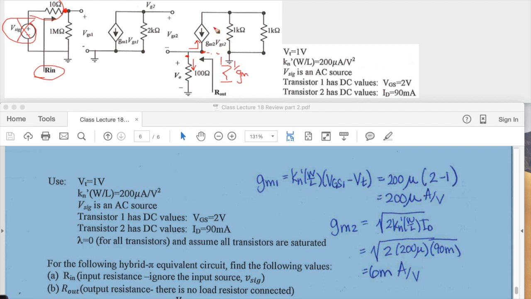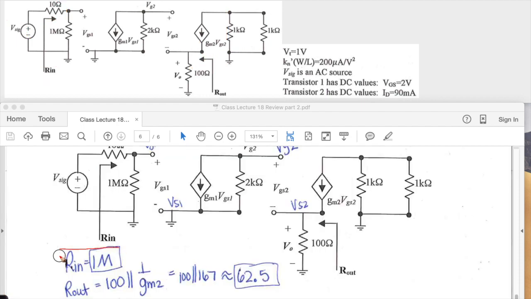That was always true no matter what circuit you had over here, whether it was additional resistors or not. So this has just 100 in parallel because they split, so that would be a parallel form, and then 1 over gm. Again, Rin was 1 meg, and then Rout was 100 in parallel with 1 over gm2, and that gave a value of 62.5.